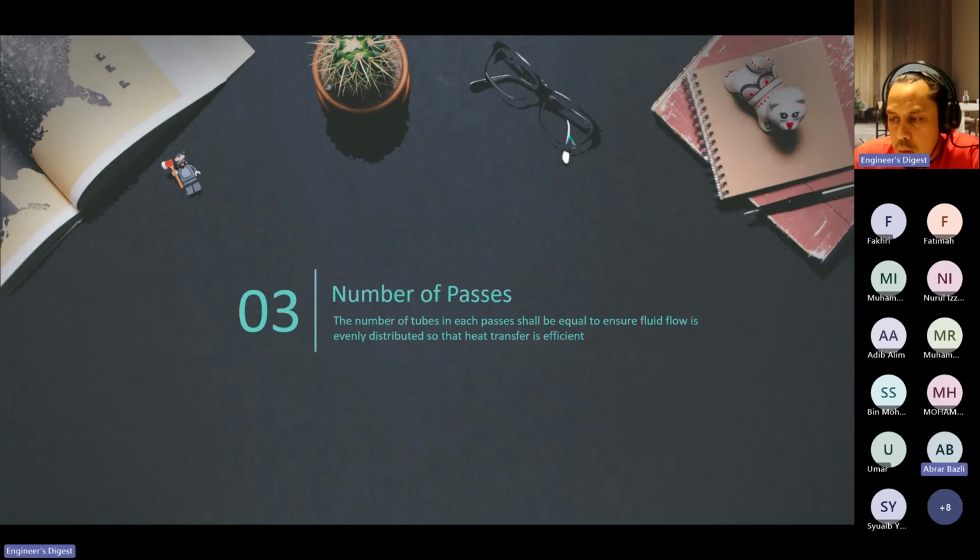Thank you for the question. So I think the answer will be twofold. One is from the mechanical side, one is from the process side, and one also from the design side. From the design side, typically we will have 10% more tube than what is required. Let's say that we have 1,000 tubes.